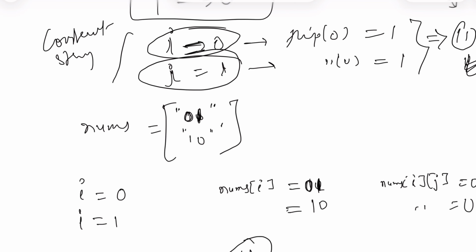Now how will you solve this type of problem? Simple. If you want to solve the problem from the code, let's try to understand how the pointers will move. We move one pointer i across the array. Let's say we have nums at 0, and this is 0 1.